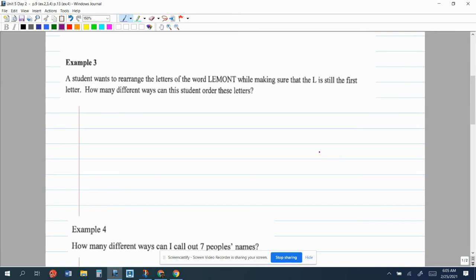So in example 3, now I'm looking at how many ways can I rearrange the letters of the word Lamont. If I look at the word Lamont, I notice there are 6 letters. So there are 6 different positions. One, two, three, four, five, 6 different positions that I need to consider how many things can be in each position. Well, they want the first letter to be the letter L. There's only one element that can be in that spot.